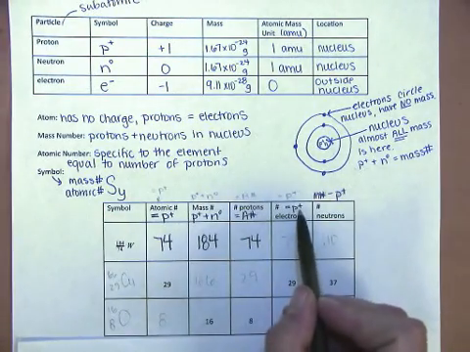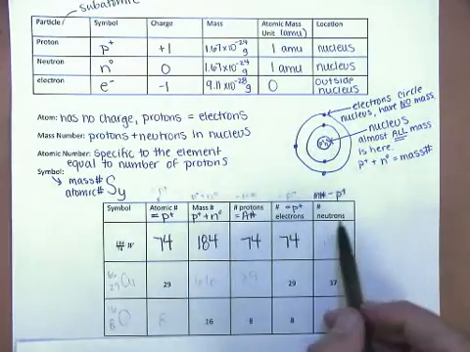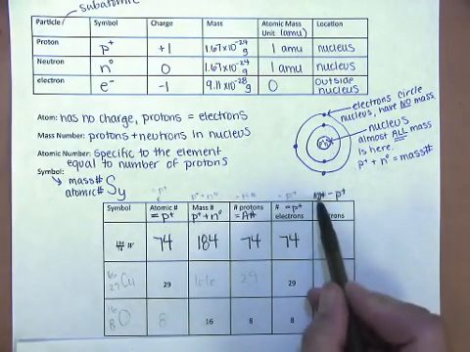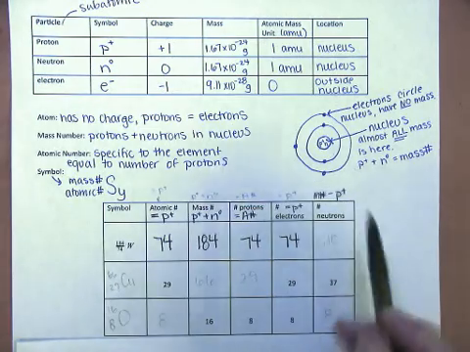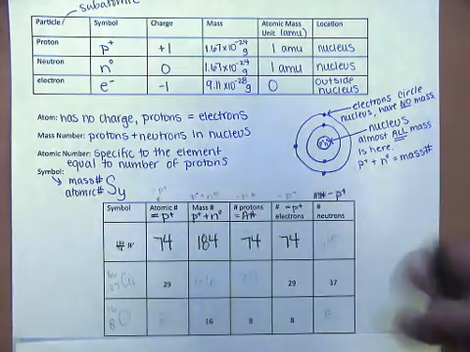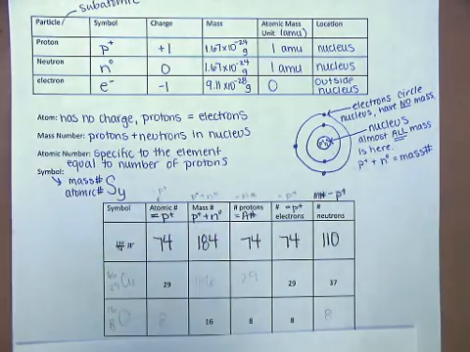For atoms, my number of protons equals my number of electrons, so that's also 74. And then I need to figure out my neutrons. My number of neutrons is equal to my mass number minus my number of protons. So my mass number of 184 minus my atomic number of 74 gives me 110 neutrons.